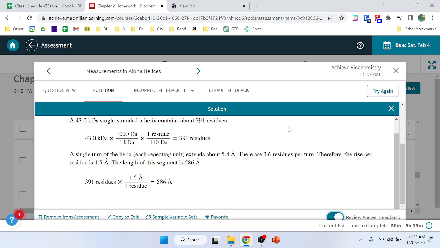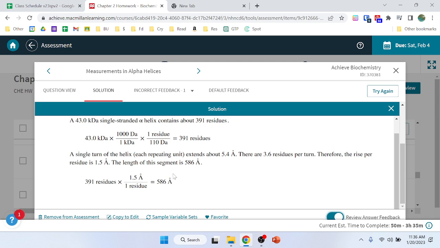Now you can actually take that number if you want. Right here we have residues per turn, and this is angstroms per turn, and you could just use that to solve through. So we have 391 residues divided by 3.6 residues per turn, right? And that gives you the number of turns. And then we have 5.4 angstroms per turn.